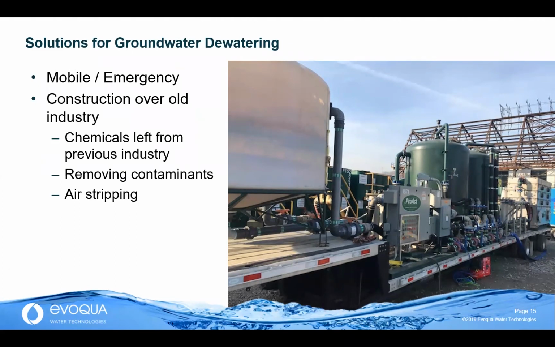And on the same topic of mobile and emergency responses, of course, heavy industry can also be found in rural areas. So mobile and emergency water treatment solutions can be found in the power utility industry, oil and gas, industrial degassing, and many more.